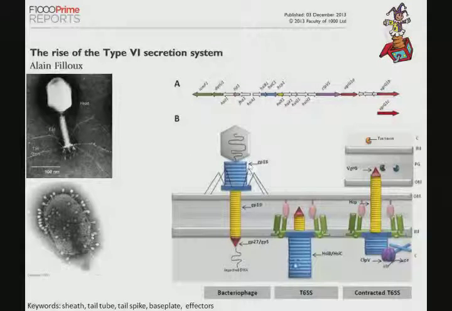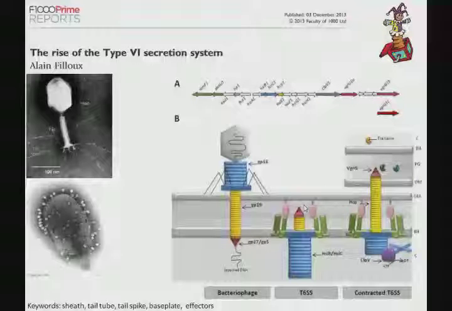This is to show what a phage looks like and what a type 6 secretion system looks like. As you can probably see, it's missing the head, because the substrate comes from the bacterial cytoplasm, but it's got a structure that looks very much like the sheath, the base plate and the spike. It works like a spring-loaded mechanism.